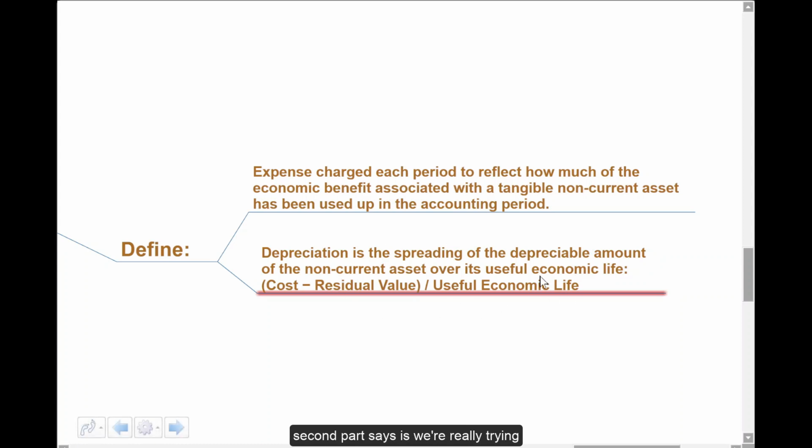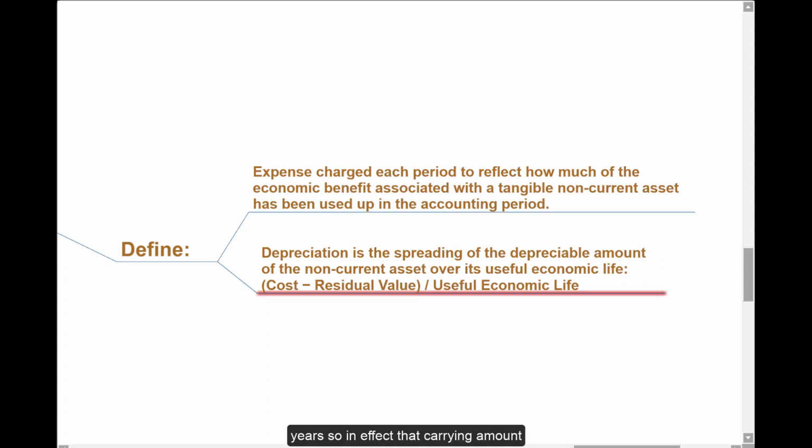So in essence, what this second part says is we're really trying to write off or expense an amount over the course of the life of the asset, to allow for wear and tear, to allow for usage, and to allow for a depletion in its value. It's certainly going to be worth a lot less at the end of 10 years, possibly zero, than it's going to be worth at the end of 2 years or 5 years.